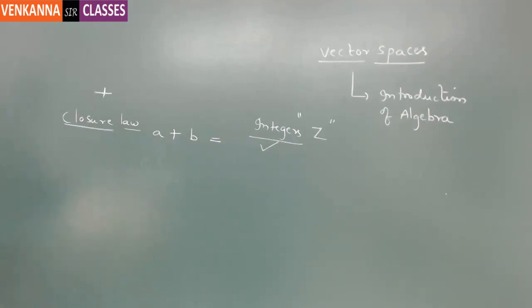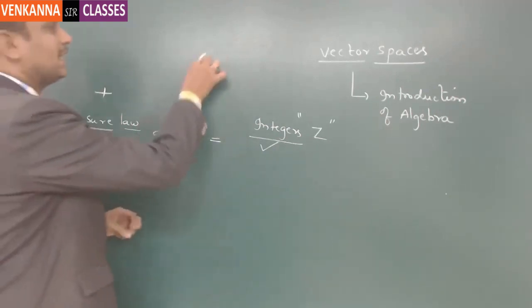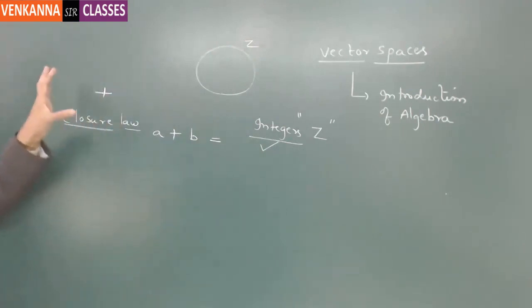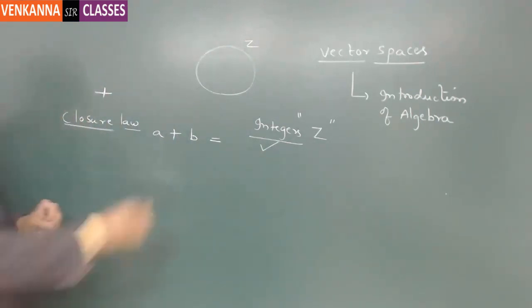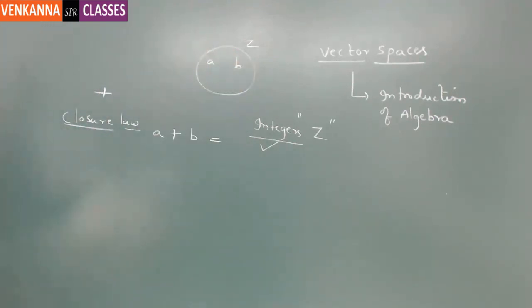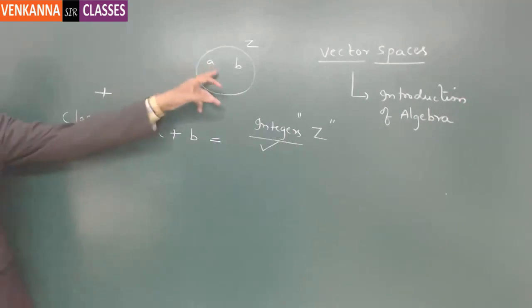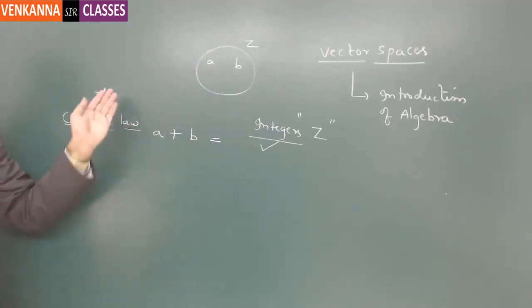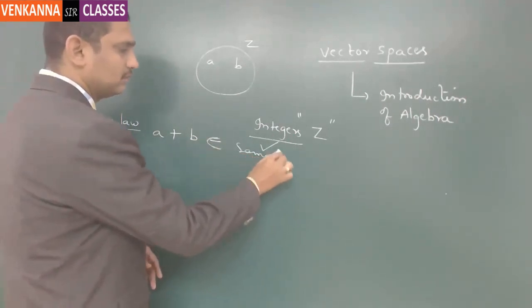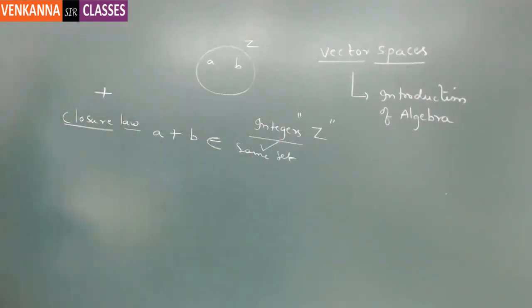The point which we need to observe here is, you have taken a set Z which consists of all the integers. There you have taken 2 values or 2 numbers a and b. If you perform an operation, the result will belong to the same set. Please understand, this property will not hold always.